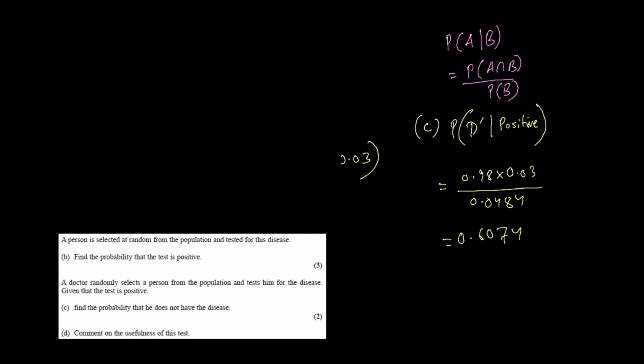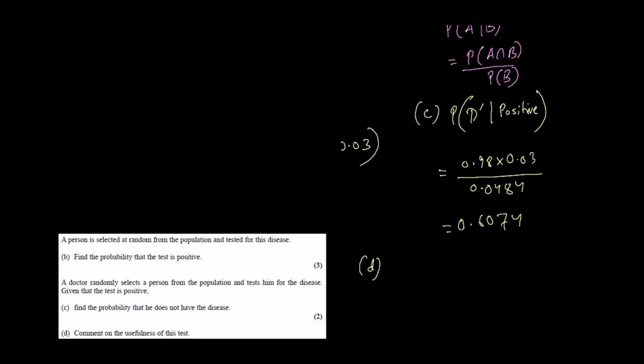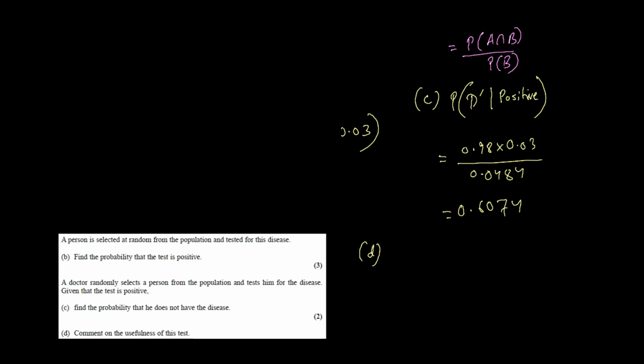So given that the test result is positive, the probability that he does not have the disease is 60%. That's a very high probability that a person whom the hospital diagnostic report says has the disease, in reality does not have the disease. That's a 60% chance. So that means the diagnostic report is not very good.